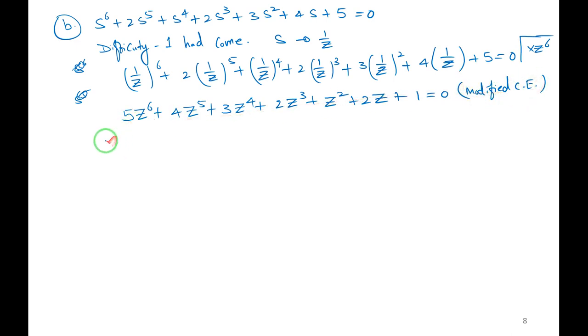Okay, let me construct the Routh array, Routh table for this. Observe all the powers of z are present, 6 5 4 3 2 1 0, and all are positive here.